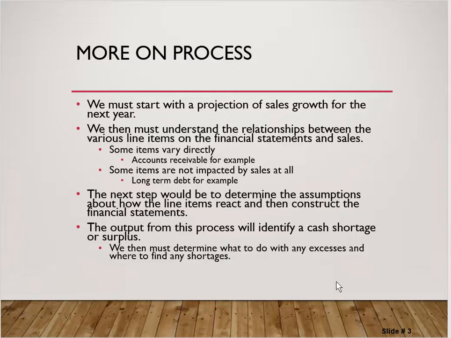If we had several years of financial statements, we could calculate the ratios, find averages, employ a little, in quotes, gut feel to those numbers to maybe make changes if we see fit. But in the end, the output of this whole process is going to identify a cash shortage or surplus. Then, of course, we have to figure out what to do with that situation.